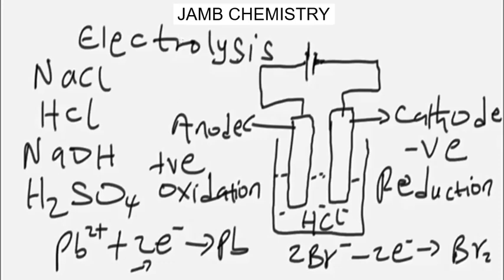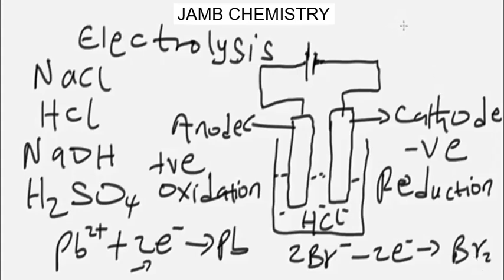Now, note again that when negative ions in the electrolyte move towards the anode, the positive electrode, and get oxidized by losing electrons, the kind of atom of the element they form is a molecule. So they form a gas. For instance, this bromide ion forms a molecule, bromine gas.